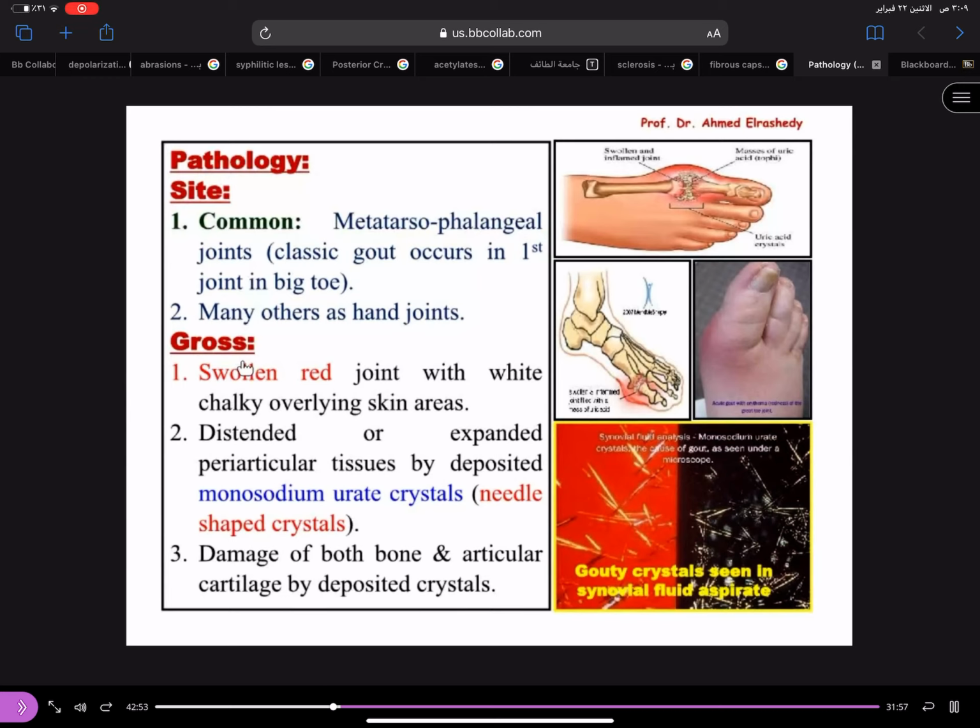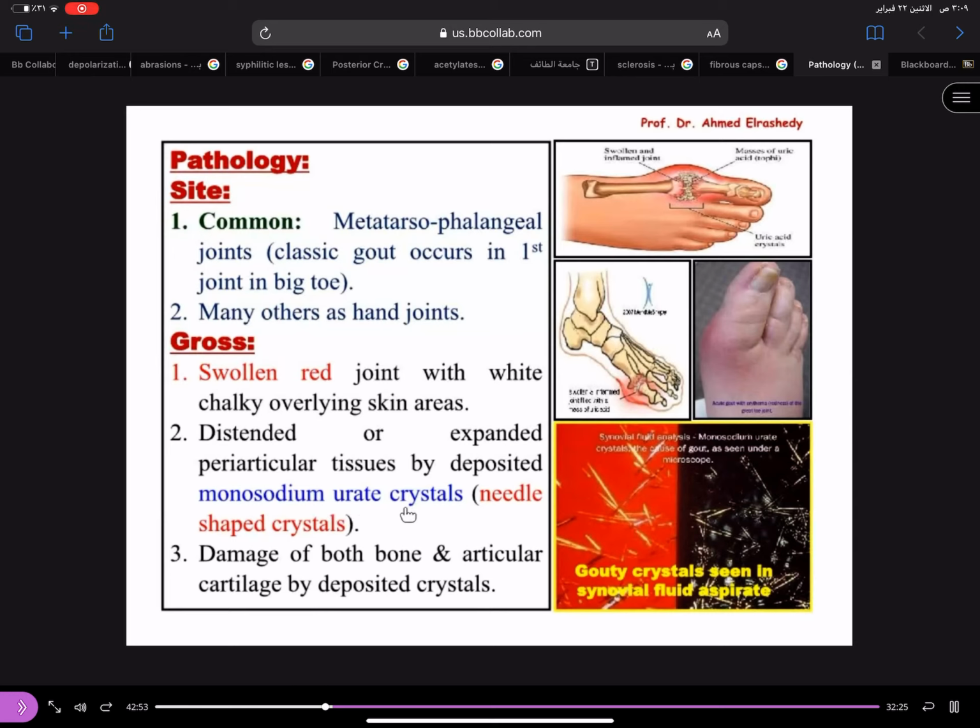Grossly means what you can see with your eyes. Grossly, it is a swollen red joint with white chalky overlying skin. So the joint is swollen, but the skin is whitish in color, while the area of inflammation is reddish, and the urate crystals are there.